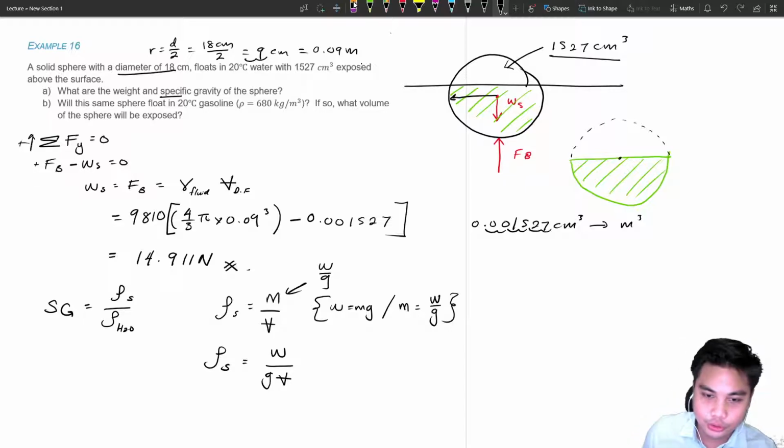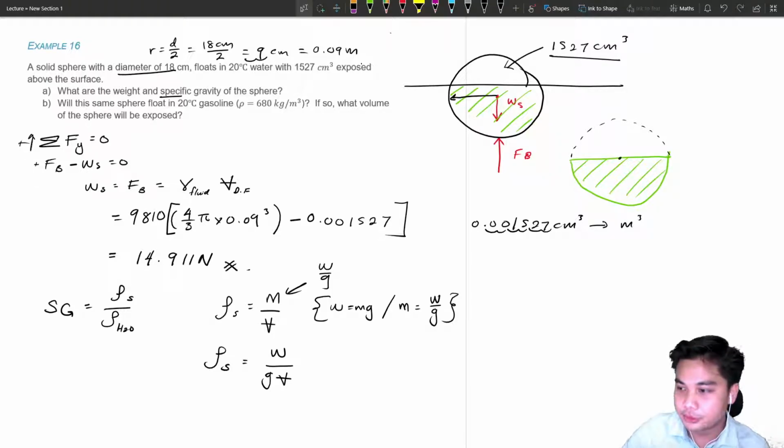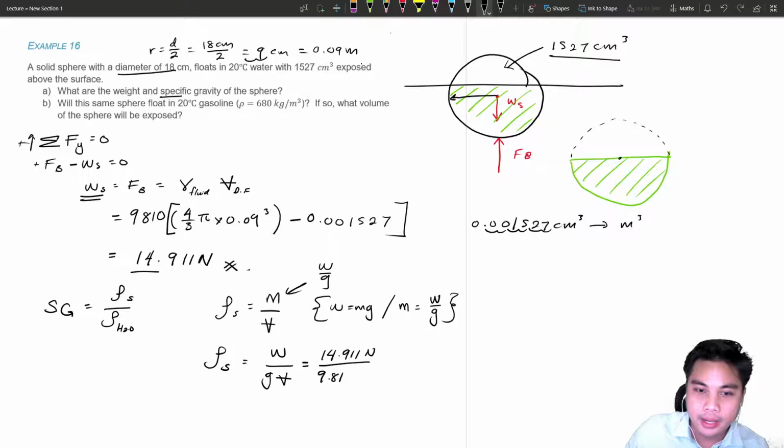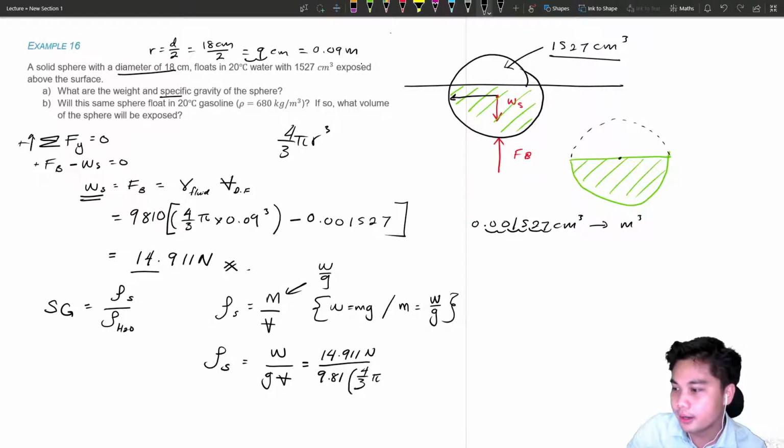After that, substitute the weight that we found, 14.911 Newton, divided by the gravity 9.81, and divided by the total volume of the sphere, which is 4/3 pi times 0.09 cubed.